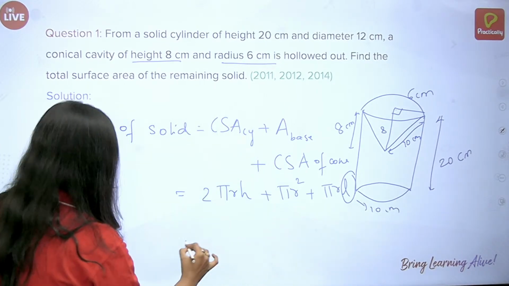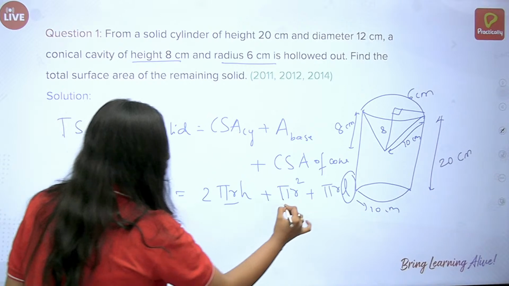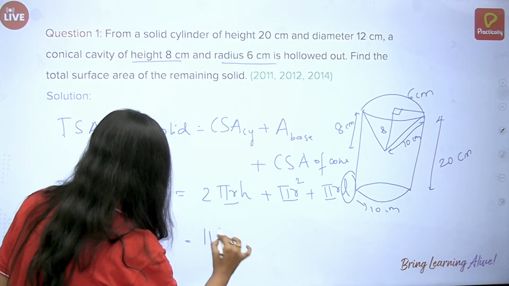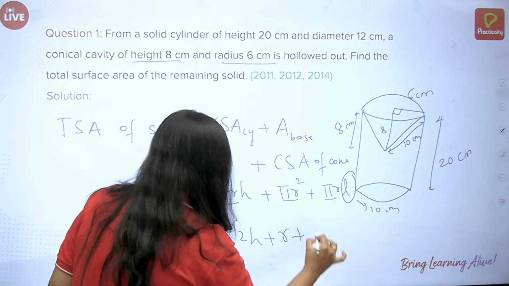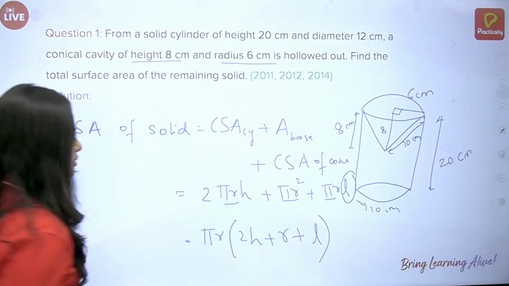Now just substitute everything. We can take pi r common from everything, so pi r of 2h plus r plus l.